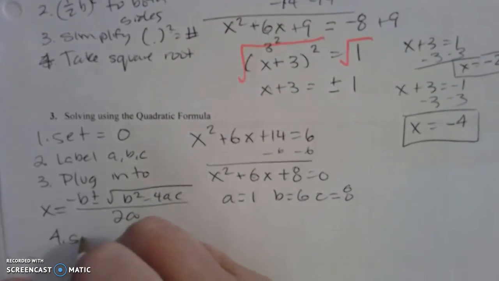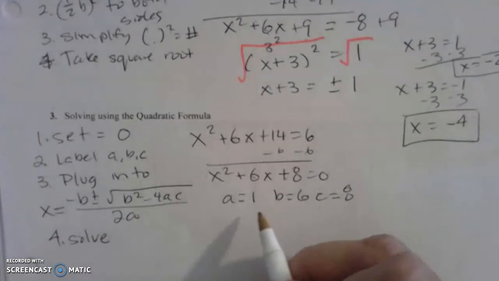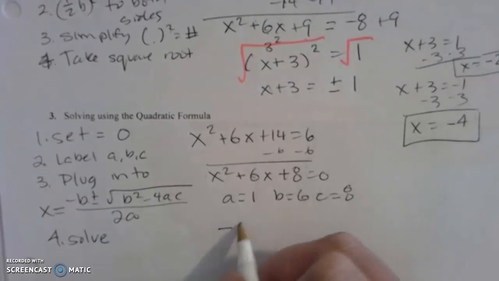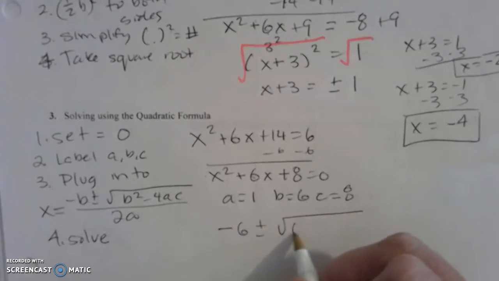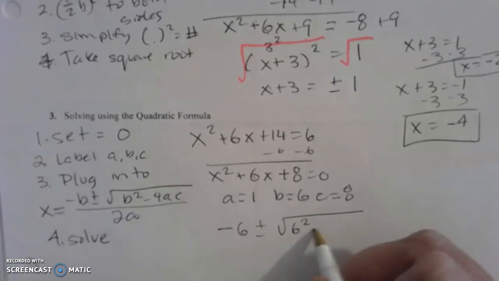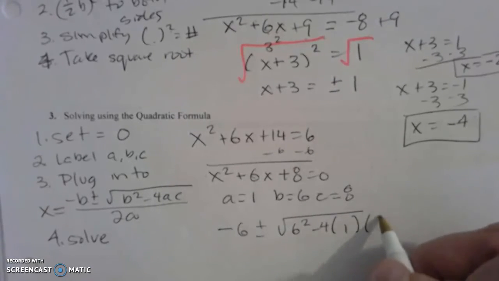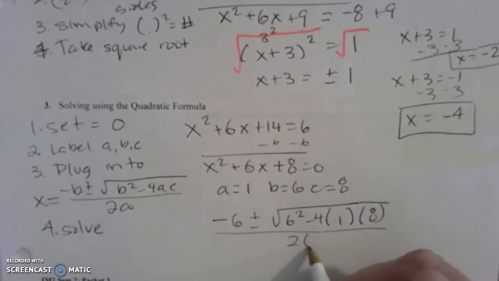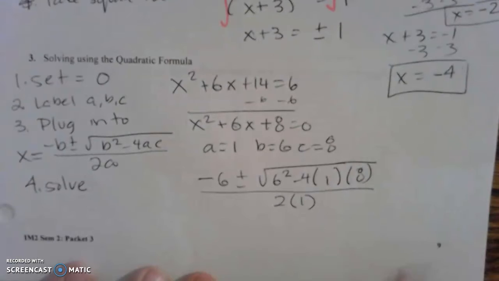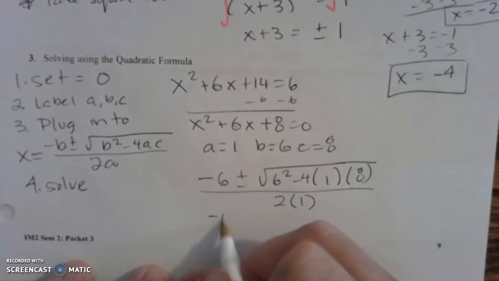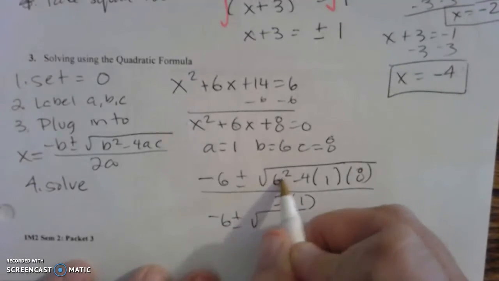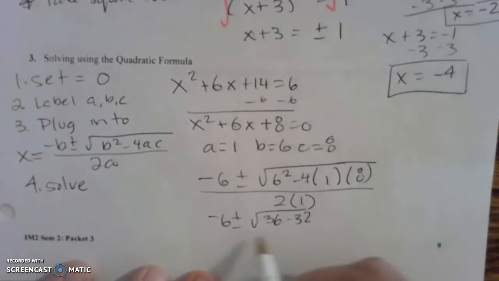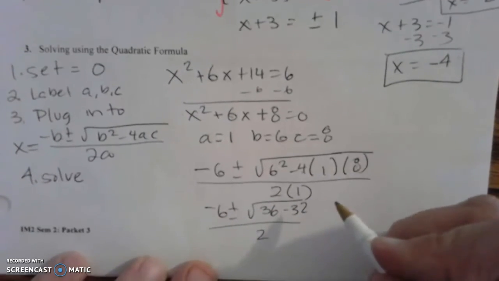And then the fourth thing is going to be to solve. So let's go ahead and do that. We're going to get negative b, my b is 6, plus or minus the square root of 6 squared, b squared, minus 4 times a is 1, and c is 8, divided by 2 times 1. Okay, so I plugged it in. Now I'm going to solve it. Negative 6 plus or minus the square root of 36 minus 32. 4 times 8 is 32, divided by 2.